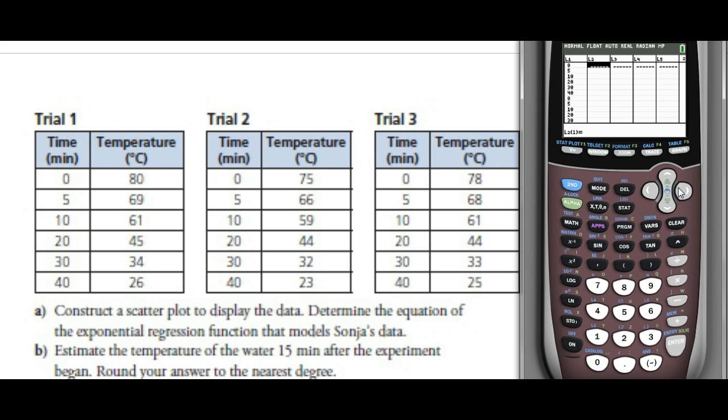Okay, and then over to list 2, and so we've got 80, 60, 80, 69, yes, can't get it right, 69, 61, 40, 30, 26, 75, 66, 50, 40, 78, 68, 61, 44, 33, 20.